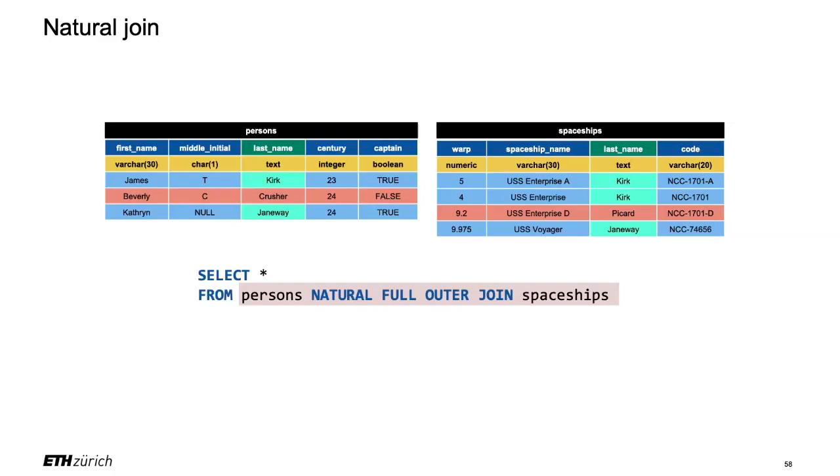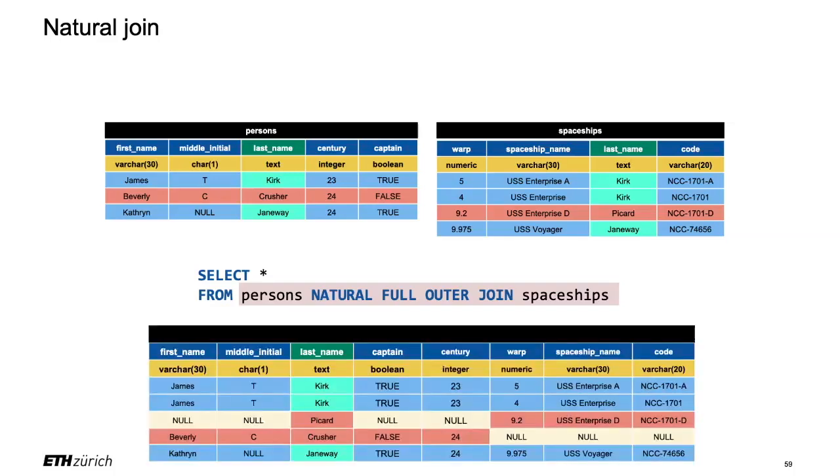How do we do a natural join? We just write natural join, right? Of course, natural is compatible with outer. So you can have a natural inner join, a natural left outer join, a natural right outer join, a natural full outer join, right? So here it's a natural full outer join, and that gives you this. And the difference with the theta join is that you don't need a predicate, because the predicate is implicit.